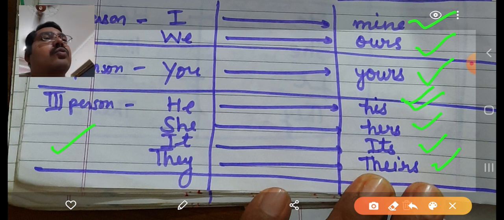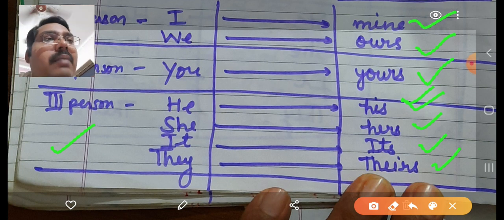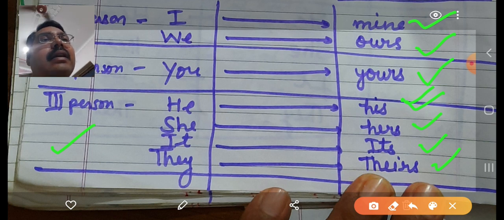If we need to use a possessive pronoun for I, we will use mine. For we, we use ours. For you, it is yours. If I give you one example, this car is Aman's. For Aman we use his, so we can say this car is his. If this car belongs to me, this car is mine.